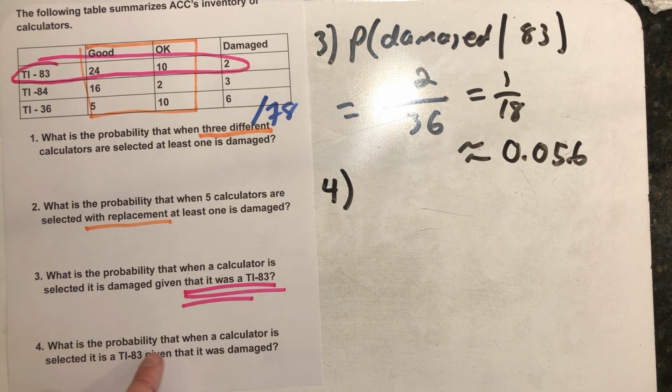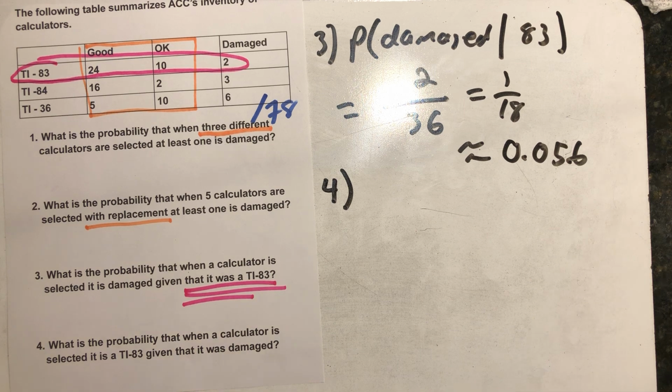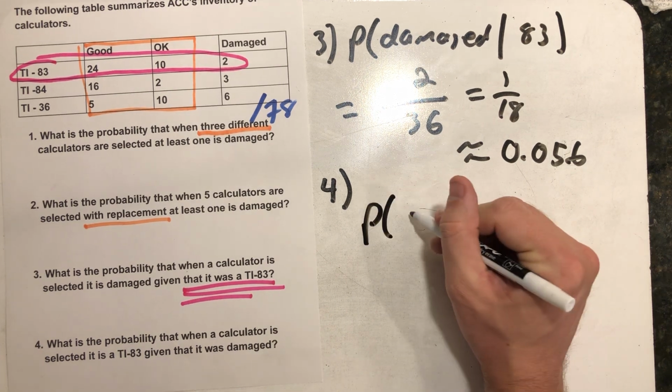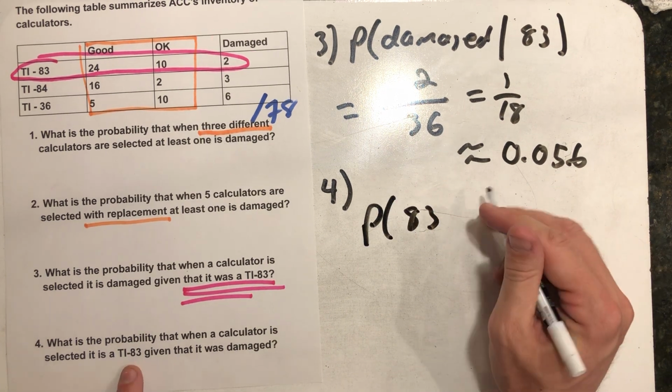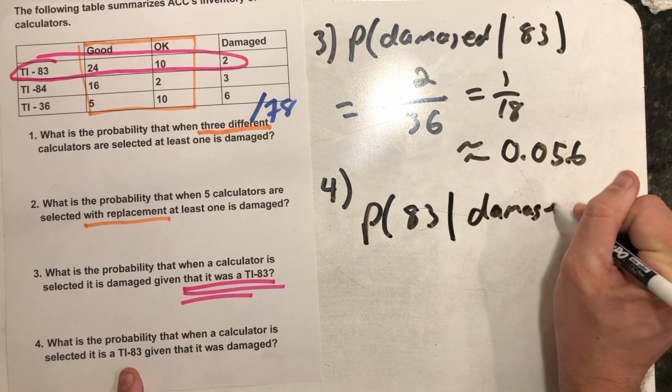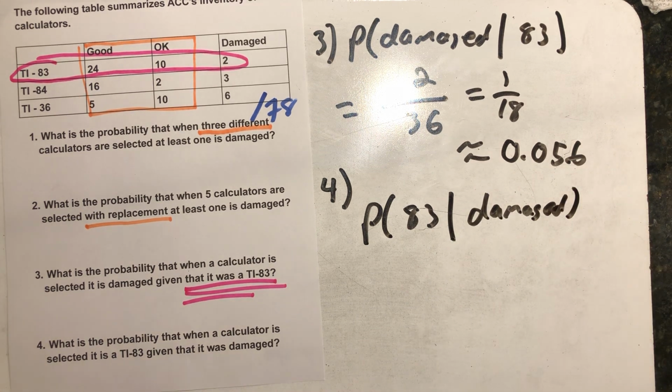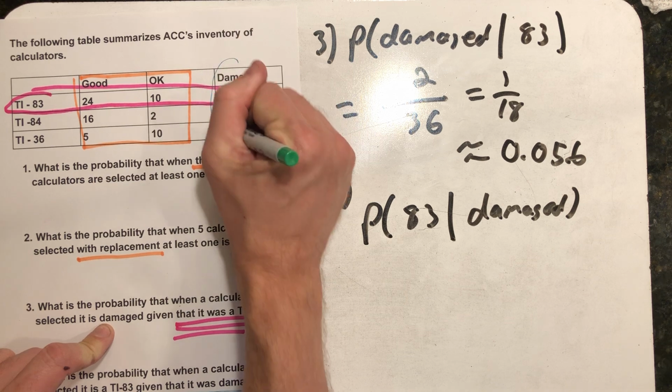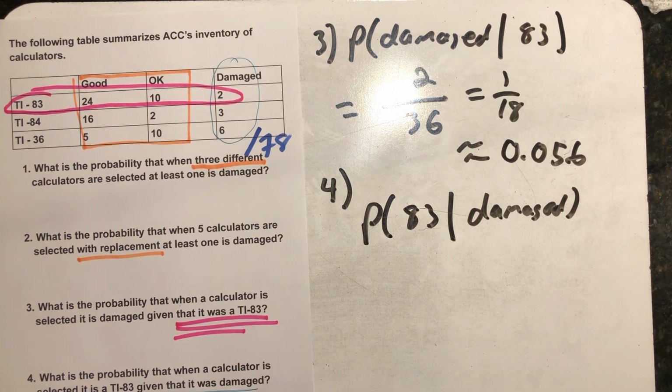What is the probability that when a calculator is selected, it is a TI-83 given it was damaged? So I'm looking for the probability of getting an 83, and what I know has happened is I'm selecting a damaged calculator. Given that it was damaged, I'm guaranteed a damaged calculator, so I'm only selecting from these calculators. So there are only 11 of those.